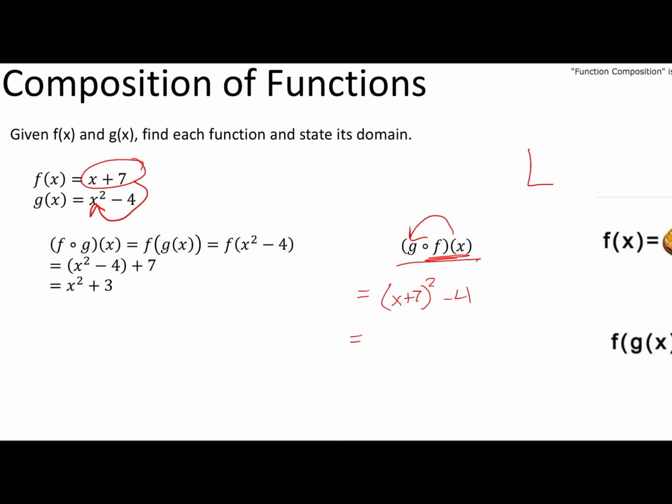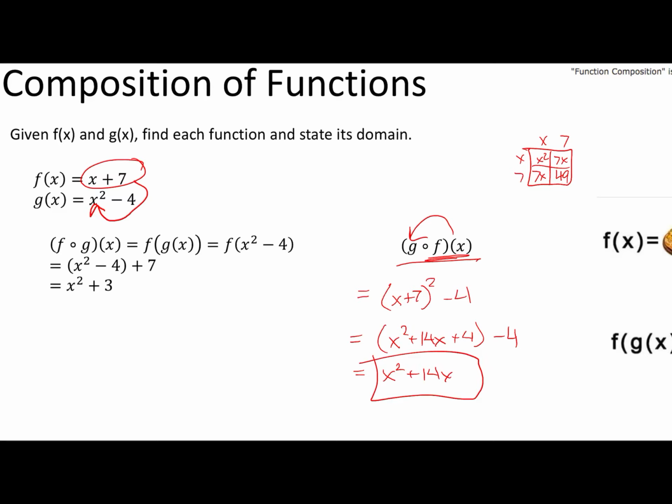And then minus 4. So in simplifying this, remember you have to FOIL it. So x plus 7 times x plus 7, I'll do that over here on the side. Combine like terms, so I get x squared plus 14x plus 49, and we still have our minus 4. Okay, combine like terms, simplify, and that is our answer.